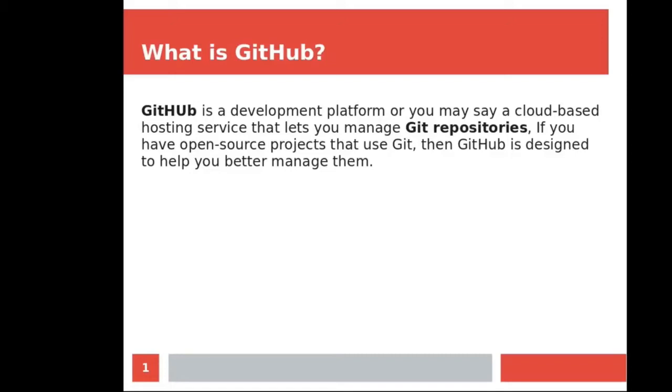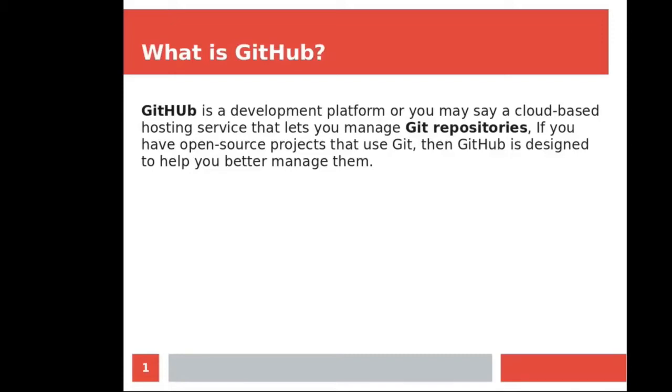You can create multiple branches, and you can have multiple repositories on GitHub. So basically, by definition, GitHub is a development platform, or you can also say a cloud-based hosting service that lets you manage your Git repositories.